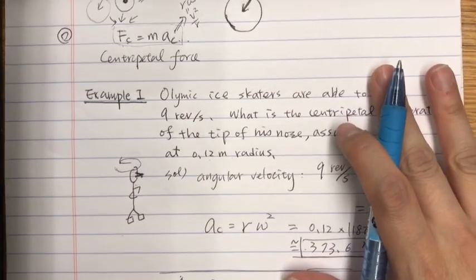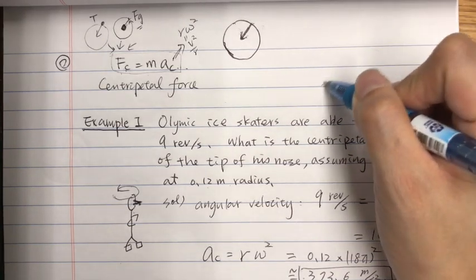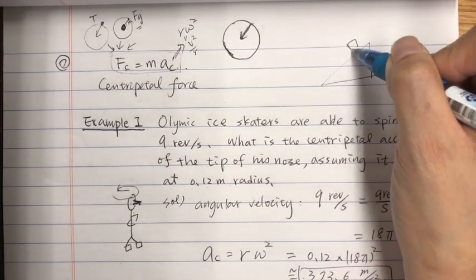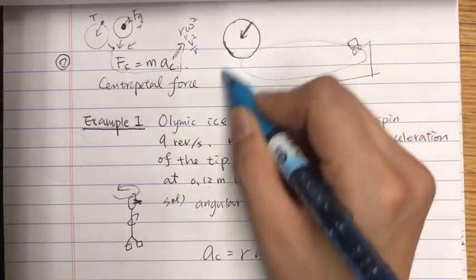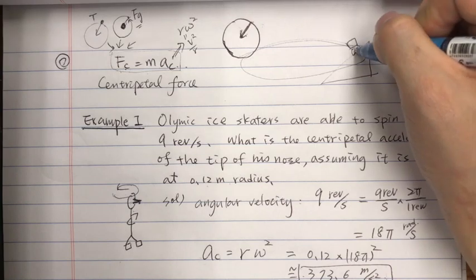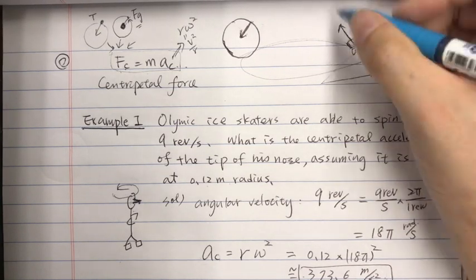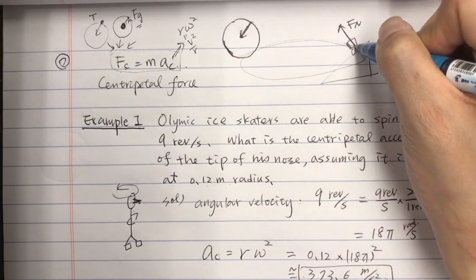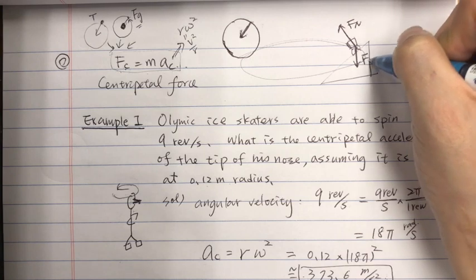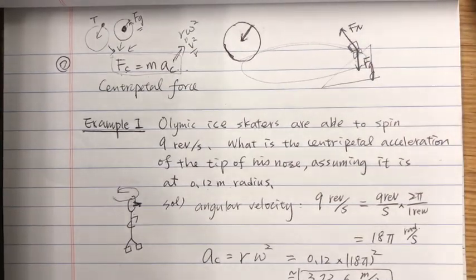These problems can be made more complicated if we start to think about a two-dimensional system. For example, a car on a banked curve that is rotating. In this case, we know this car has a normal force from the curb, and it also has a gravitational force. So there are two forces, and it becomes a two-dimensional problem.